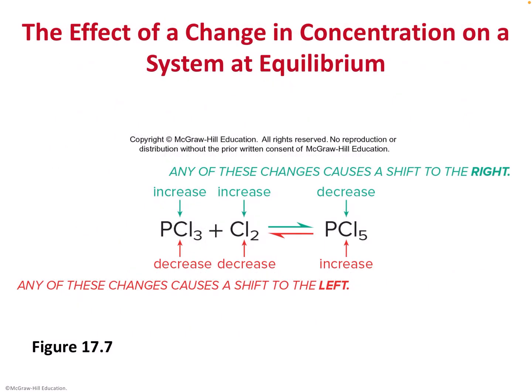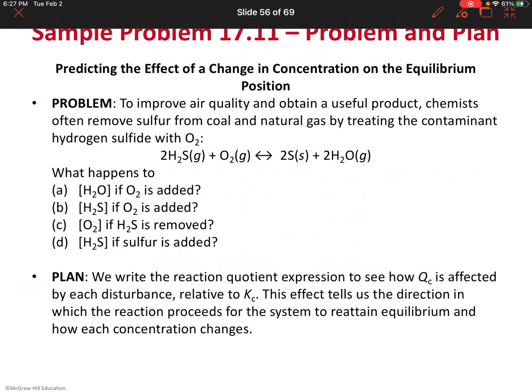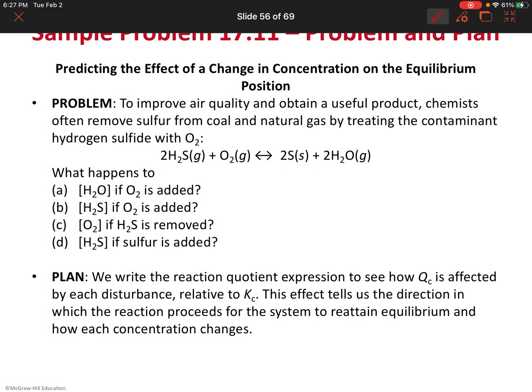When you increase the reactant, it should move, making more of the products, right? H2S is one of the reactants. If the reaction goes in this direction, oxygen needs to react with H2S in order to form the products. So the H2S will decrease when the reaction is moving in the forward direction.